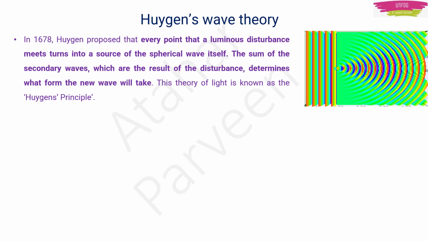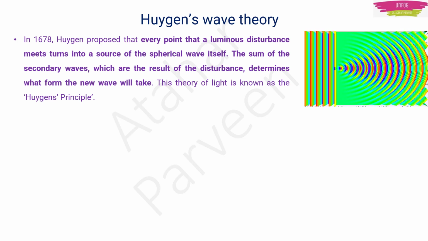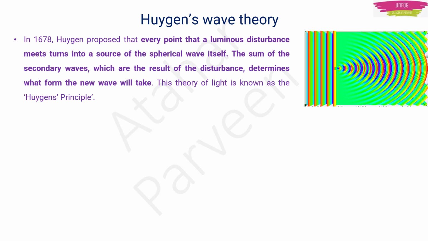The sum of the secondary waves, which are the result of the disturbance, determines what form the new wave will take. It is spherical only. For sure it is spherical, because the first wave is spherical, so the second wave is also spherical. In case that first wave was square, then the second wave would have been square, but that is not possible, right? So this is Huygens' wave theory.